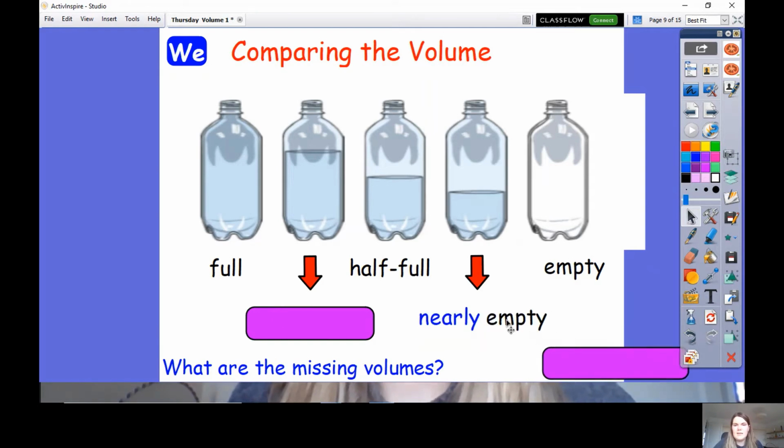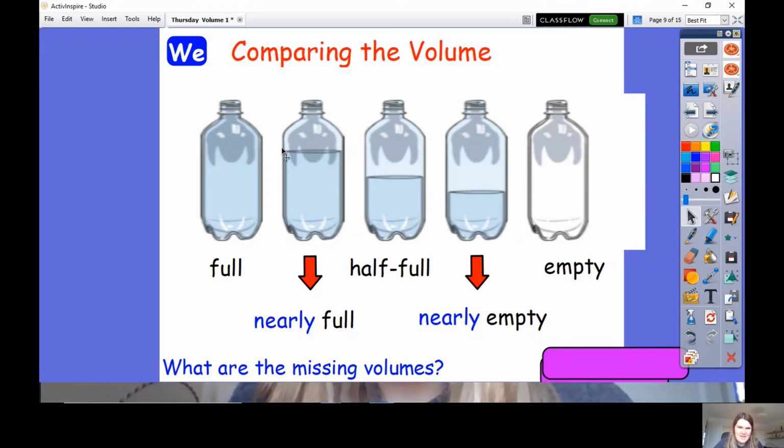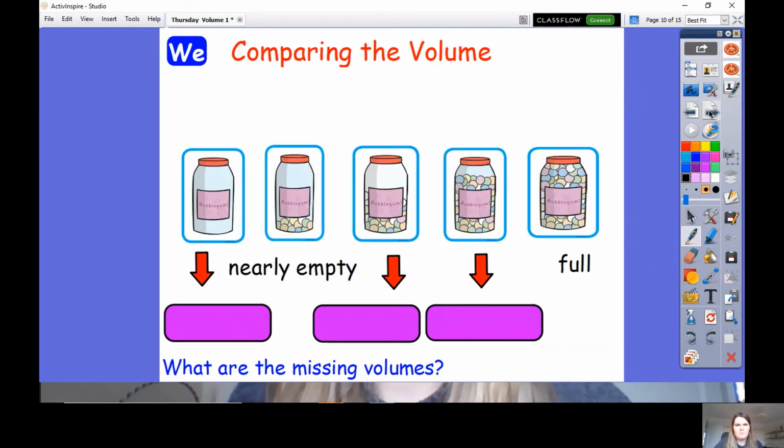We are missing nearly empty. Great work. So what would this one be? Nearly full. Fantastic, because as you can see, the water is almost at the top, but it's definitely not at the halfway mark. Brilliant work, everyone.